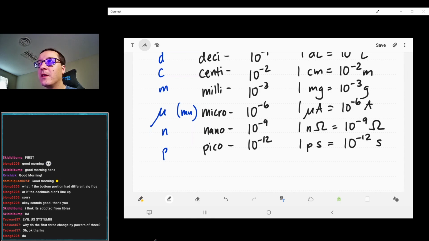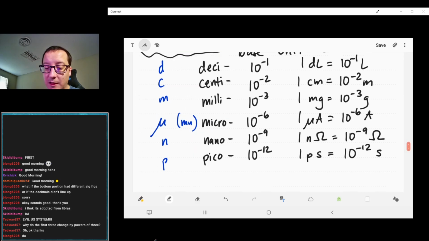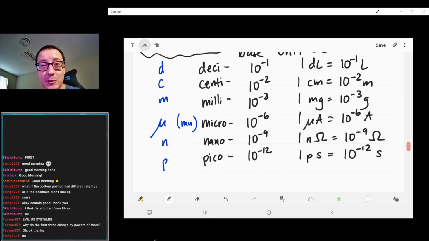So these ones we typically will actually use the small ones. Like centi is actually something that's used fairly frequently. Deci is used in certain medical contexts, like they'll report glucose in milligrams per deciliter.